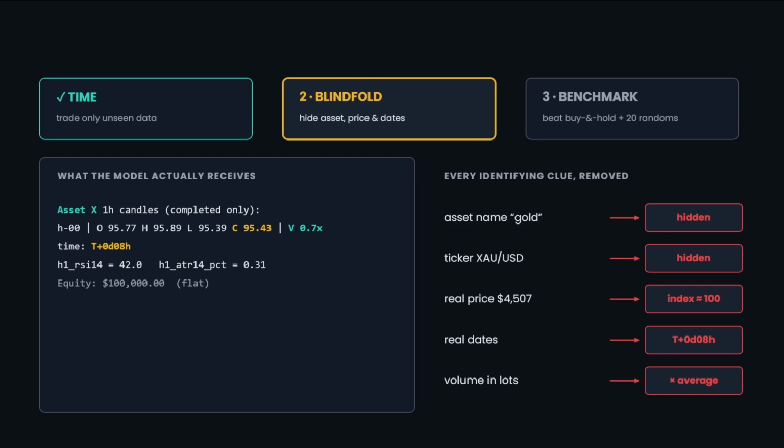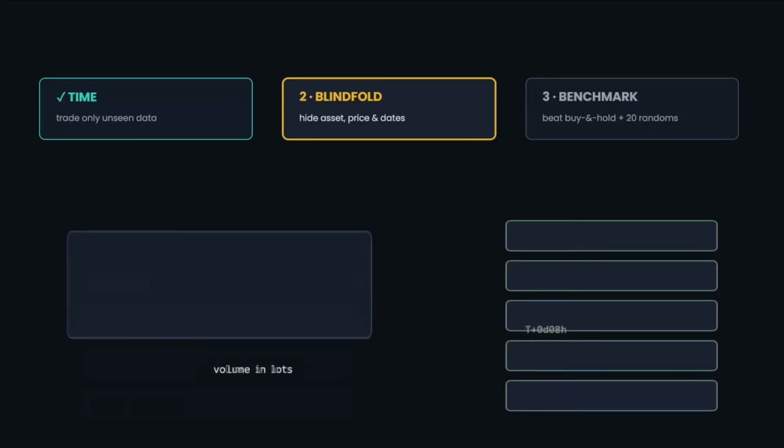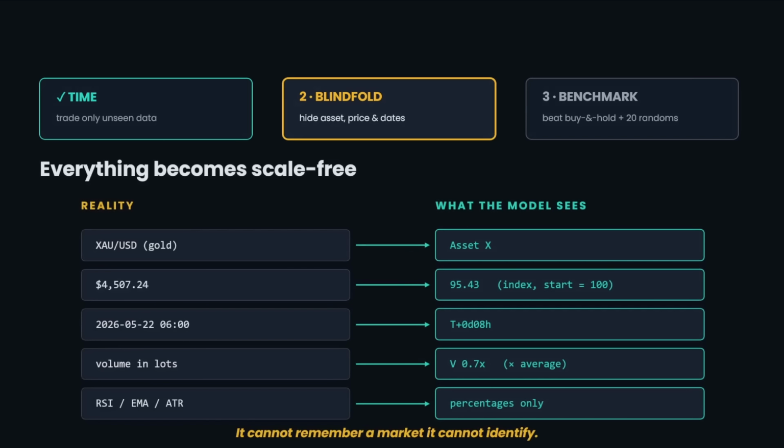The model sees time labels such as T+0 days and 8 hours and so on. Volume is not shown as a real number either. It is shown as a multiple of its own recent average. So almost every value is converted into a percentage or another scale-free measurement. In brief, the model does not know the asset, the date, or the real price. It cannot remember a market that it cannot identify.